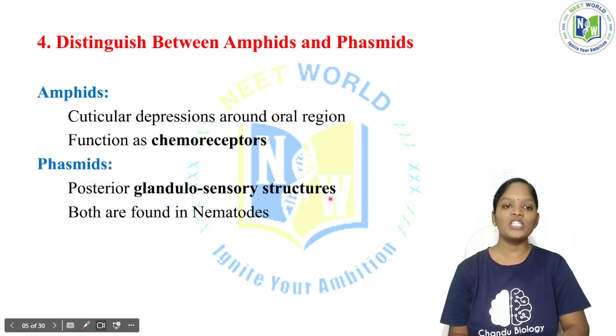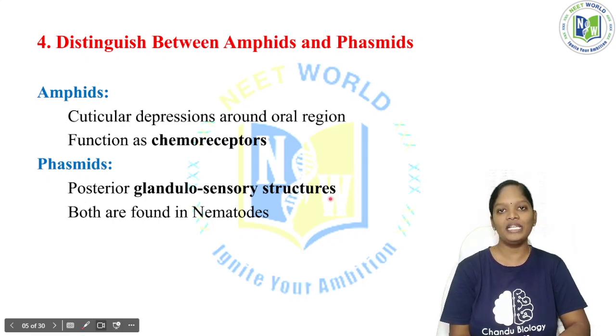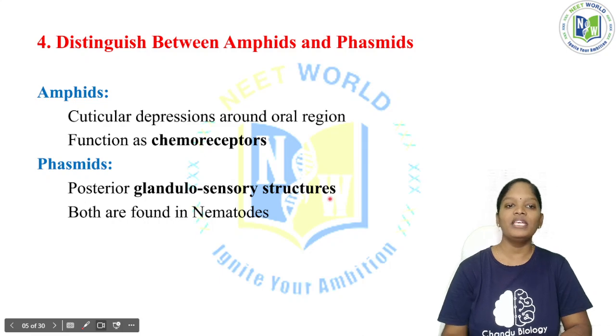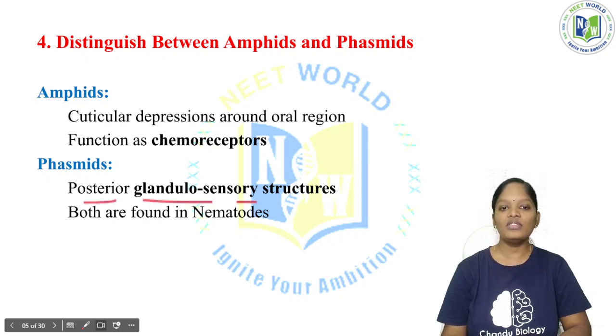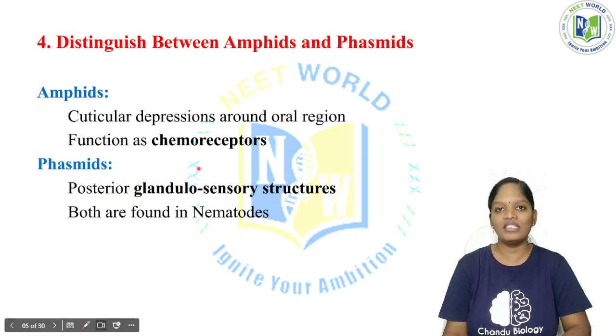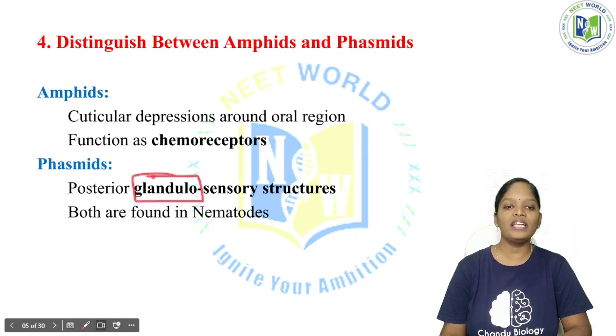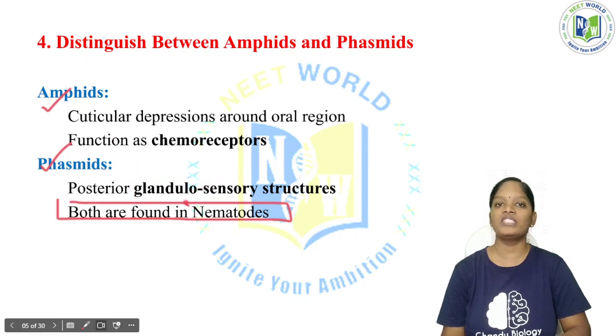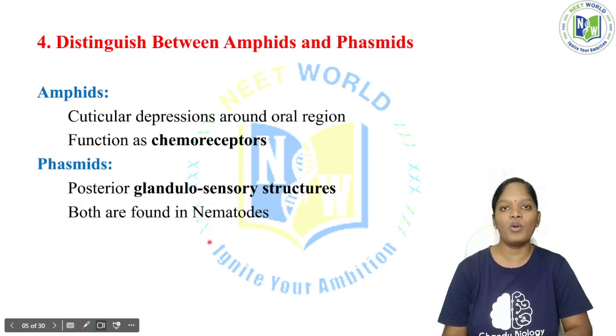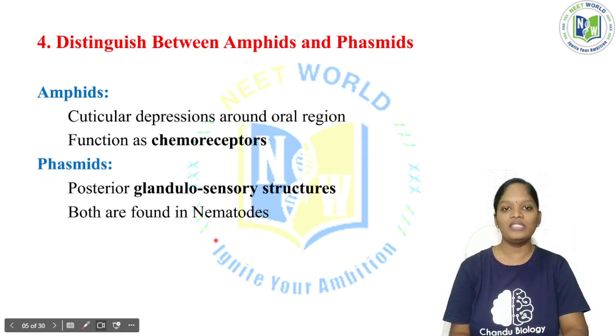Those structures present on the posterior side are phasmids, and on the anterior side, cuticular depressions are called amphids. Glandulo, as the name suggests, means glands, which will synthesize something. So the glands and sensory structures present in the posterior area are called phasmids. Both amphids and phasmids are found in nematodes, the Aschelminthes, also called roundworms. So this is the proper difference between amphids and phasmids.